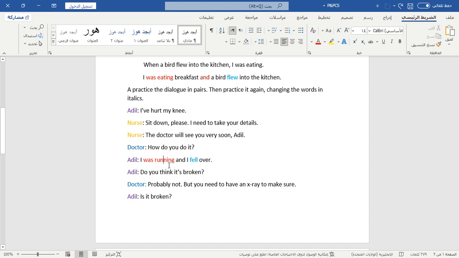It's past continuous tense, with ing. We double the letter in running, because it is preceded by a vowel sound. So, I was running and I fell over.